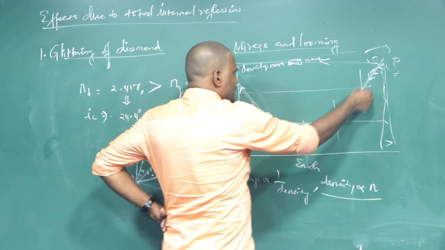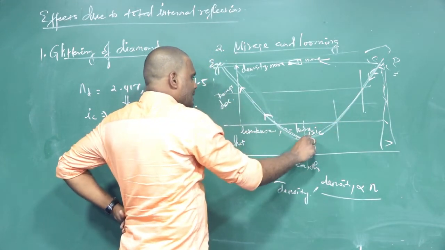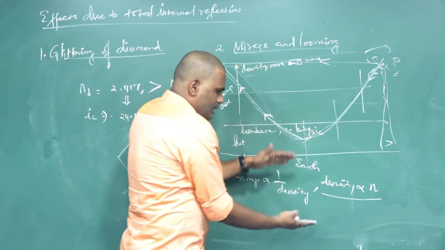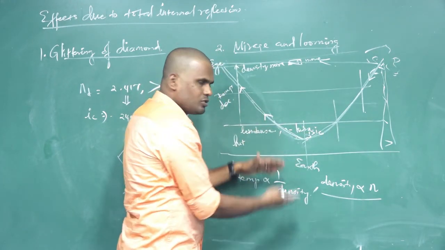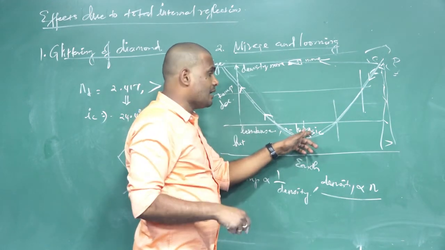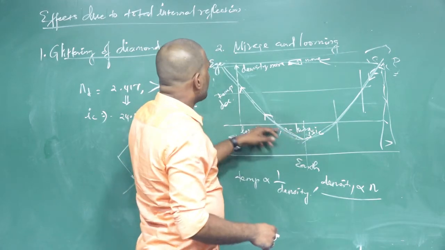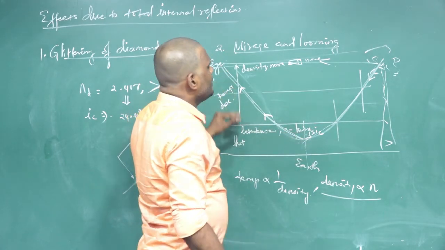So light from the tall object travels through different layers of earth's atmosphere, and when it reaches the bottom layer of air, which is close to the earth's surface, it will undergo total internal reflection when the angle of incidence is greater than the critical angle for this particular medium. Then it will be reflecting back and reach the height.